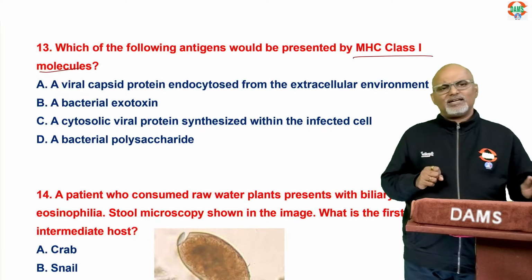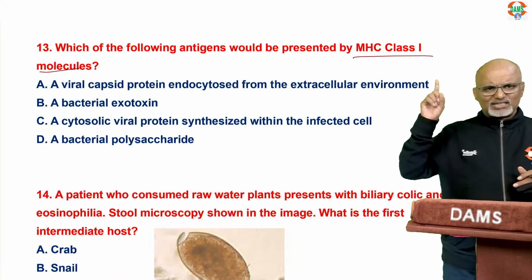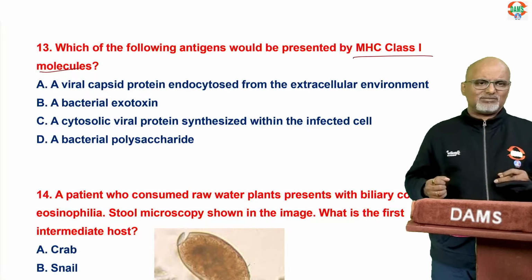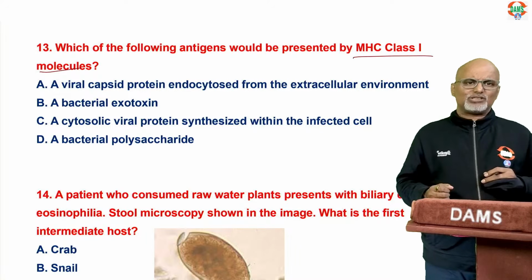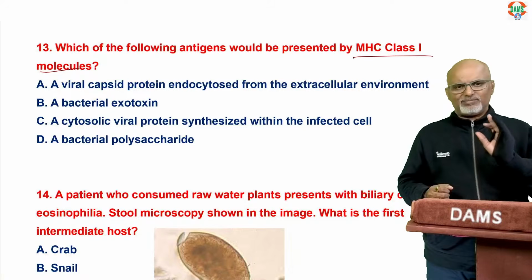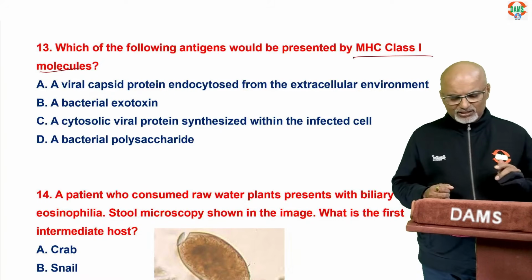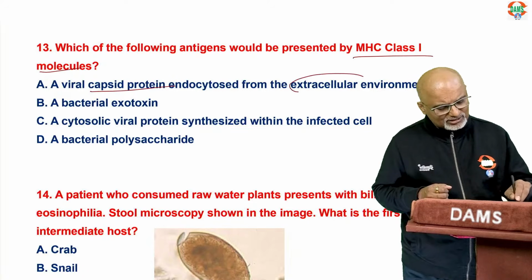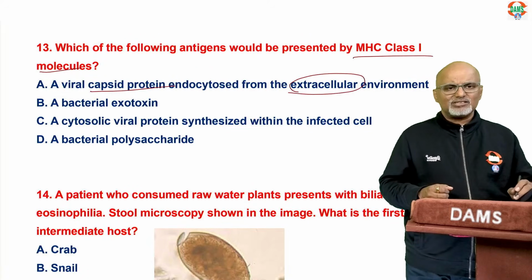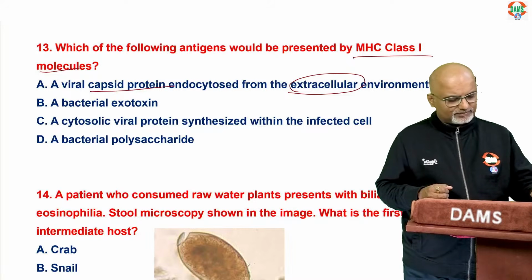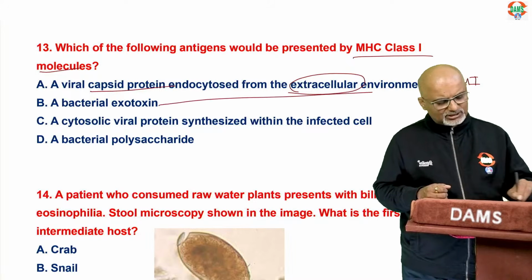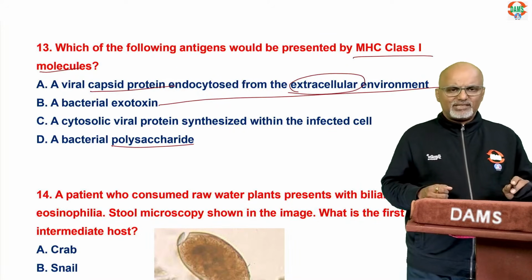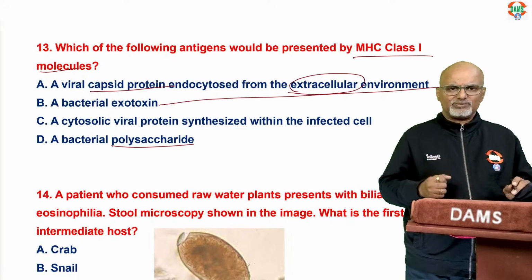And usually MHC class 1 interacts with intracellular pathogens, mainly viral antigens. Intracellular means mainly virus. So here virus is there, it will confuse you, but it is not an extracellular environment. If it is extracellular, humoral mediated. Bacterial exotoxin, humoral mediated. Bacterial polysaccharide, humoral mediated. It acts as a T independent antigen.